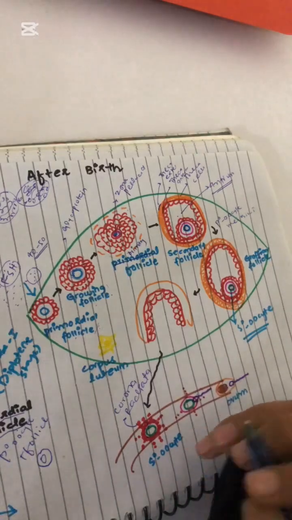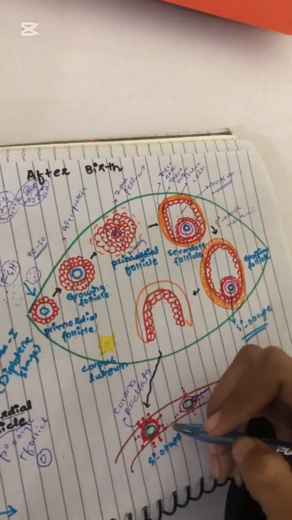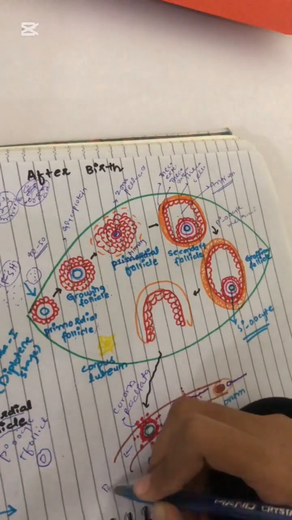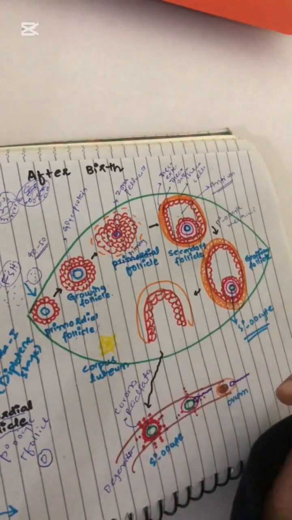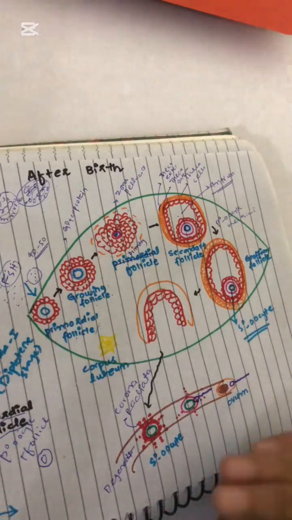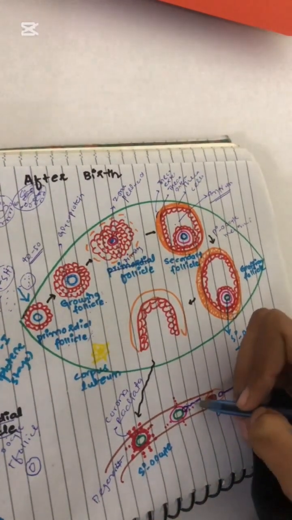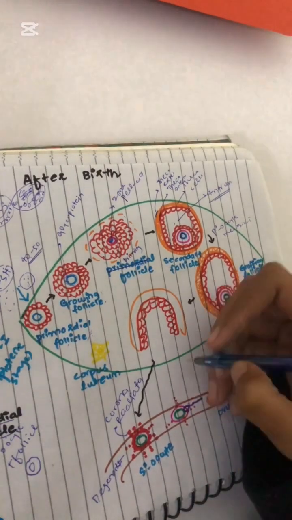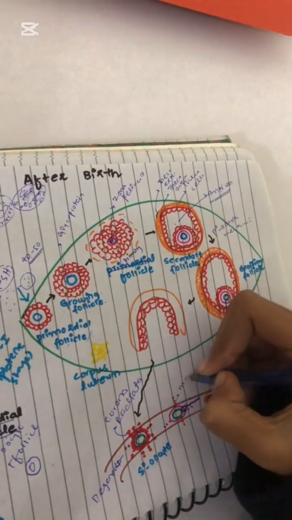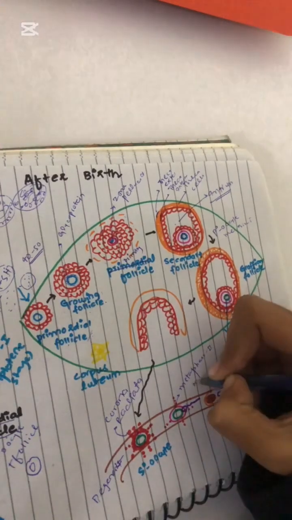So if fertilization doesn't happen, the secondary oocyte simply degenerates, and it will be eaten by the other cells in the fallopian tube. But if fertilization occurs, if the sperm touches the secondary oocyte, it completes its meiosis 2.